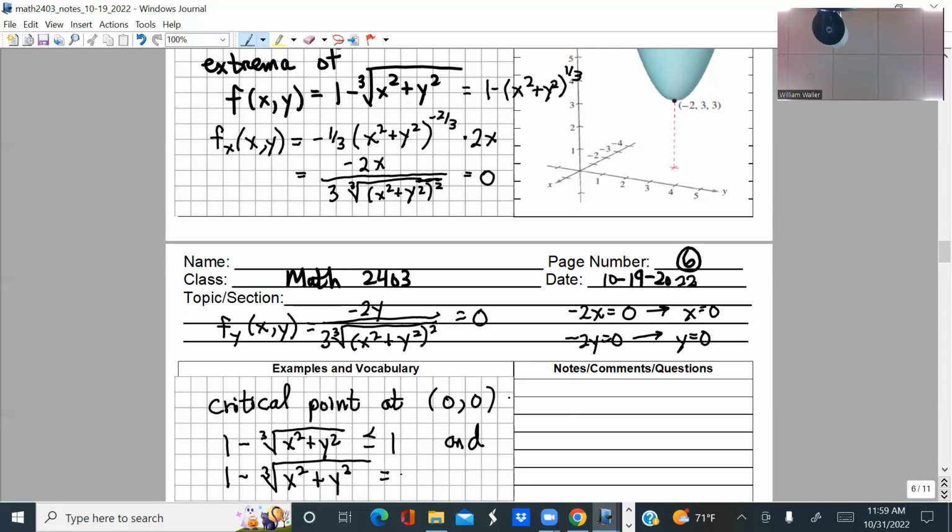At the critical point. So your function formula is always less than or equal to 1 because you're always subtracting a positive number from 1, and it's exactly equal to 1 when x is 0 and y is 0, because that means you would be taking 1 minus the cube root of 0, which is 0.